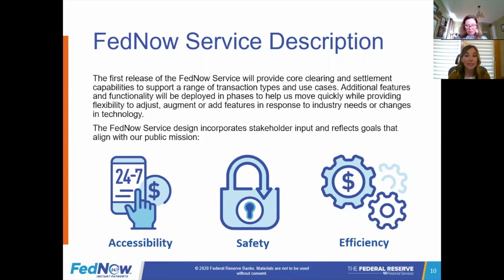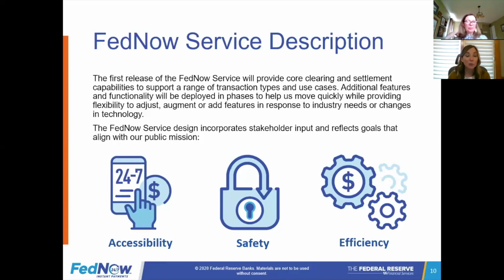We also had additional discussions with the industry. We considered the experience of other central banks that operate instant payment services, and we conducted our own analysis. So the FedNow service design incorporates all of this stakeholder input and reflects goals that align with our public mission of accessibility, safety, and efficiency.